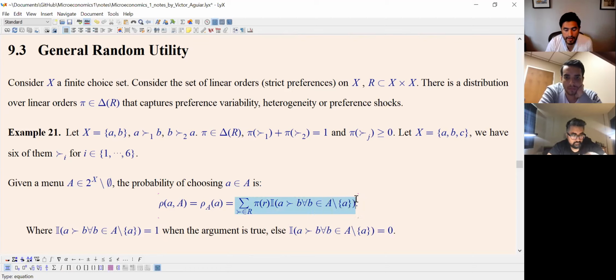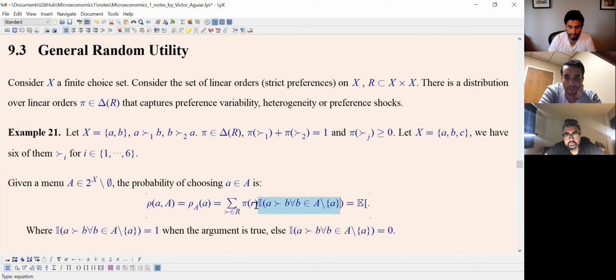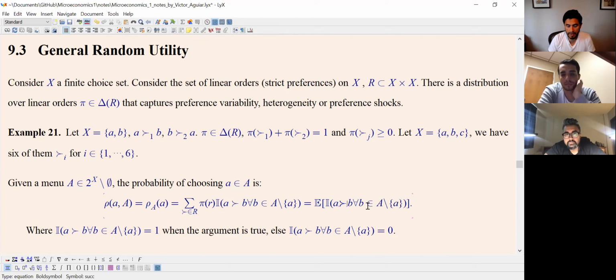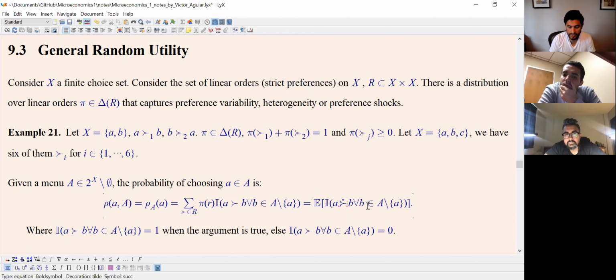It looks like an expectation again, right? So it's basically the expectation of this indicator function. With respect to what random object? This object now is random. I made it bold, but I'm going to make it like this so it looks random, because it doesn't look bold for you.